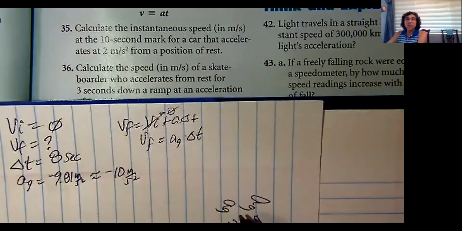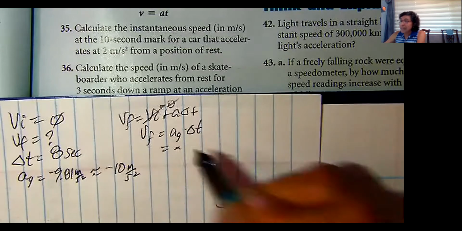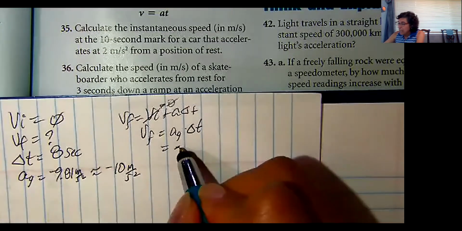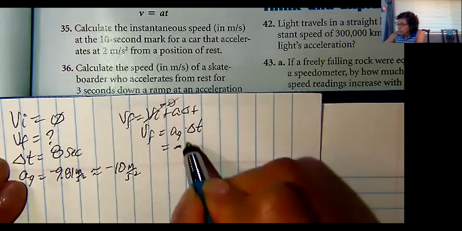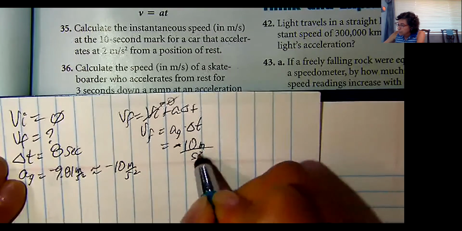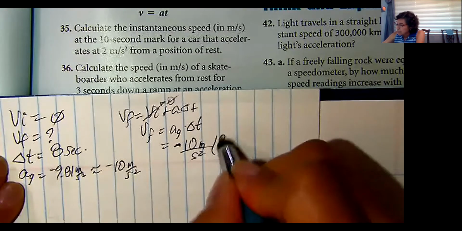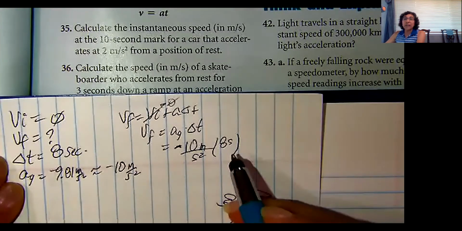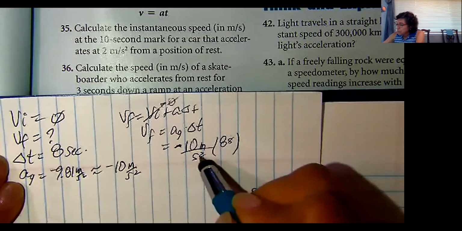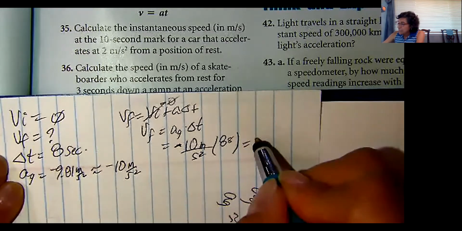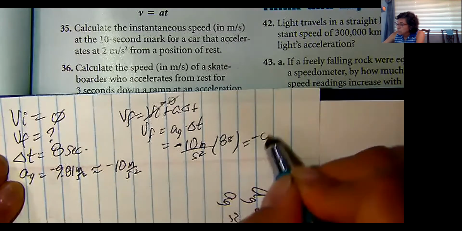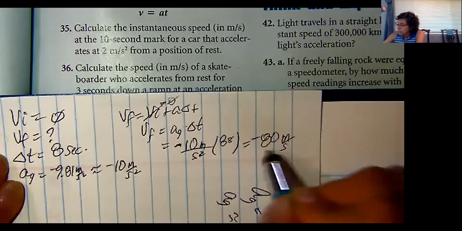Okay, so we got to plug that in. It's always negative. Remember, it's a vector, and it's always going down. So my vector is about negative 10 meters per second squared. And I multiply that by the time, which here is 8 seconds. And again, my seconds, one of them cancels out, and I end up with meters per second. So it's negative 10 times 8, which is negative 80 meters per second.